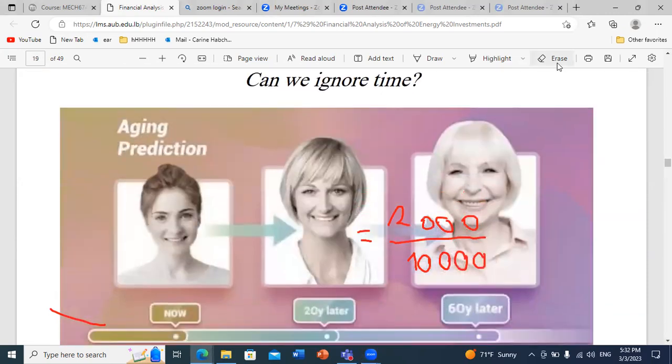Now, so already we have seen some indicators, the static payback period and the average rate of return, in case we don't take time into consideration. But as we mentioned, especially for energy projects, it's not a good idea to not consider time, because in energy projects we have a large time span.